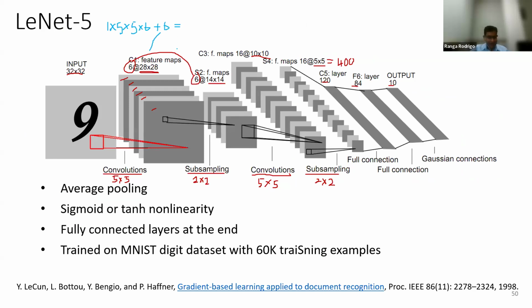Let me do a brief calculation and see how much this is equal to. I don't want to make a mistake. 25 times 6 plus 6 equals 156. I'm ashamed of myself. I used a calculator for that.